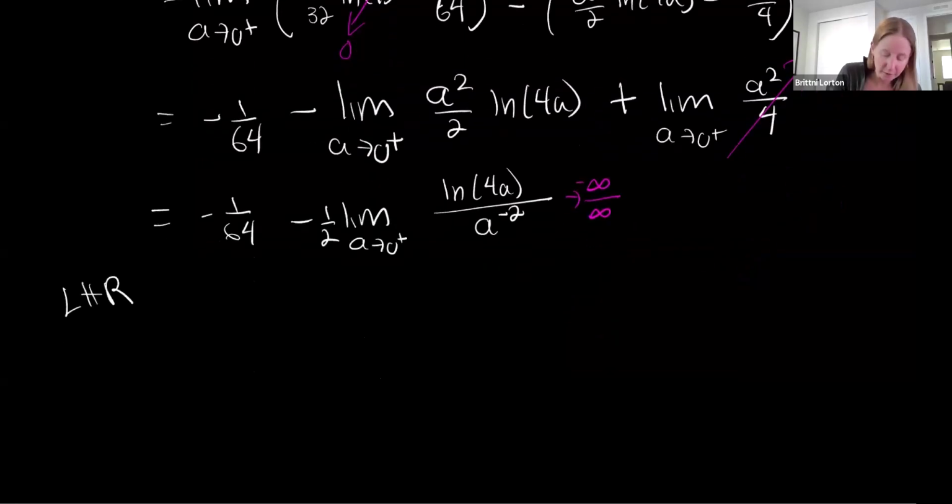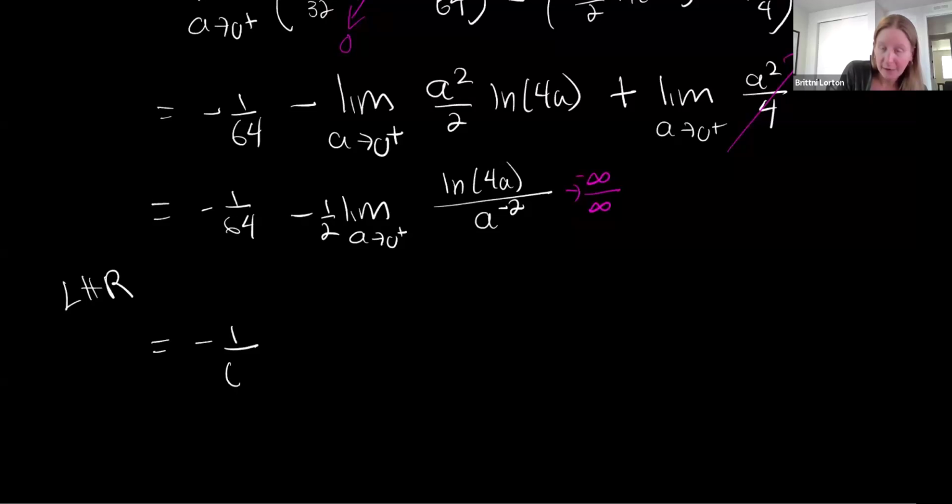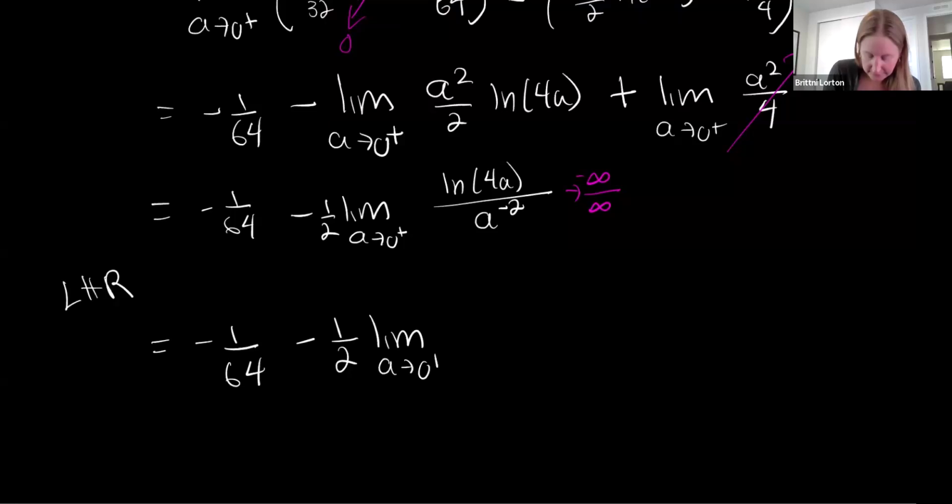So I can do L'Hopital's rule, which is oftentimes called Bernoulli's rule. Both are fine. Whichever way is fine. So negative 1 over 64 minus 1/2 the limit as a approaches 0 from the right-hand side. I do the derivative of the top, and then I do the derivative of the bottom, negative 2a to the negative 3.